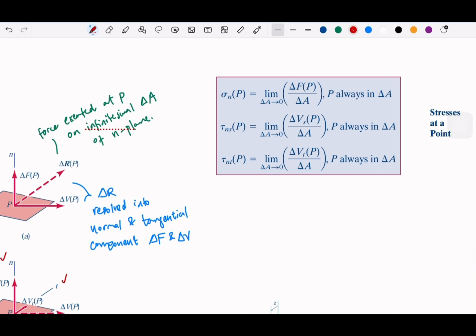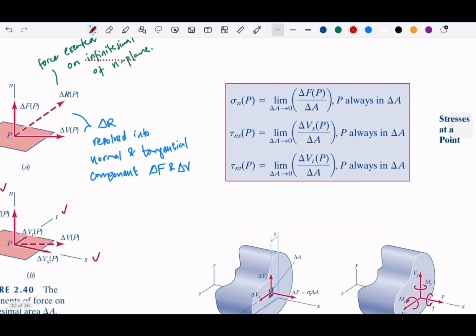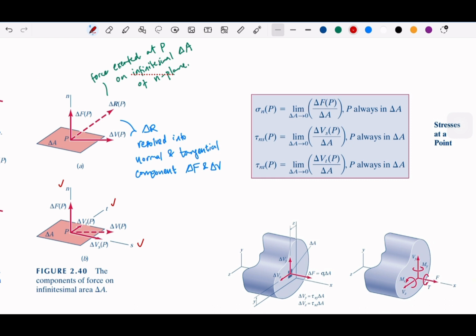And then we have the shear stress for NS. So the plane NS will be, take this. Okay. So N and S, this is the plane here. So the stress will be defined as the delta Vs at this plane here, defined by the delta A. So this will be the stress here.